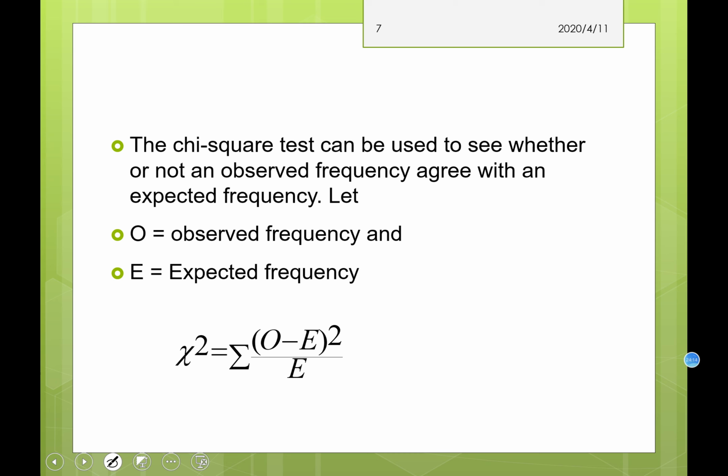So that is the H0 in the chi-square test. The alternative hypothesis should be that there is a significant difference of the column variable among different groups. So that should be the HA.